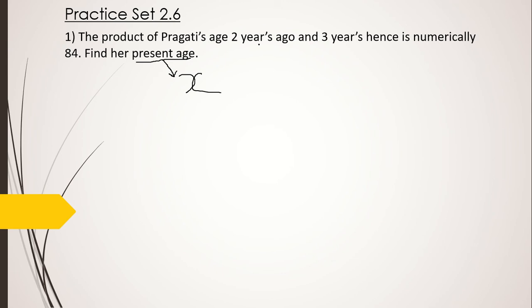Then 2 years ago her age will be x minus 2. And 3 years hence means 3 years after the present age, so that's going to be x plus 3.